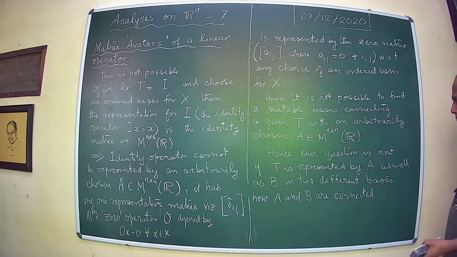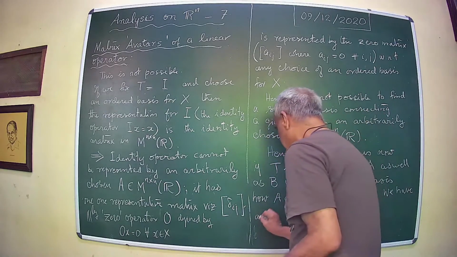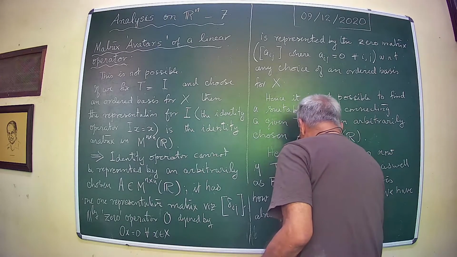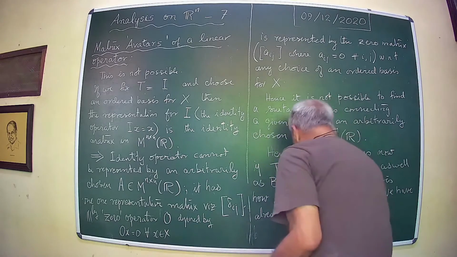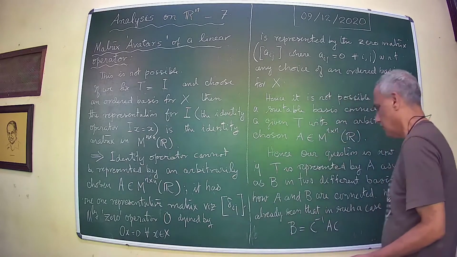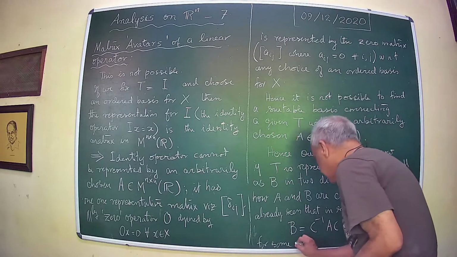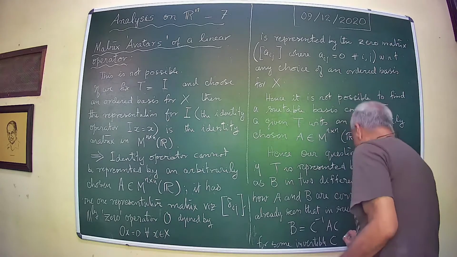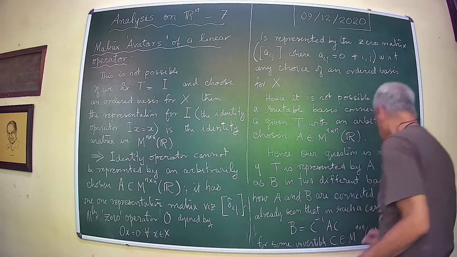It's very simple. We have already seen that in such a case B is equal to C inverse A C for some invertible C belonging to M n cross n R. This is the connection.